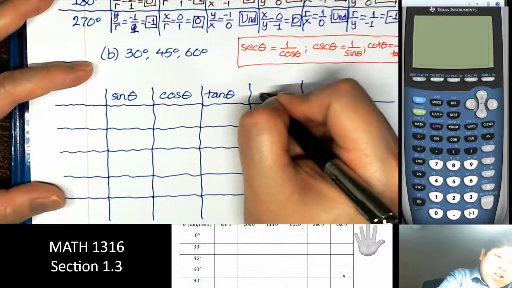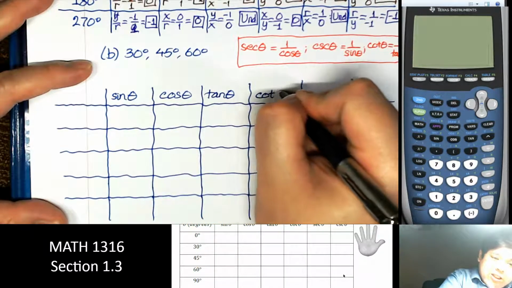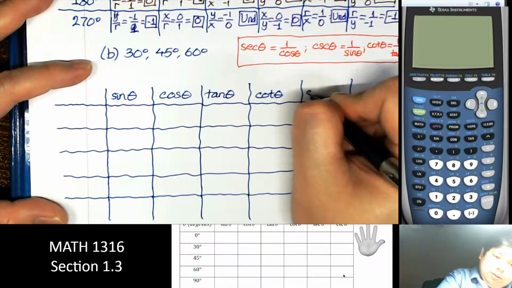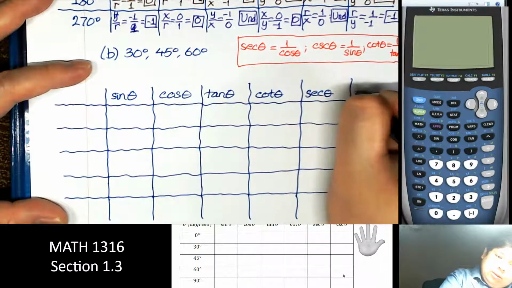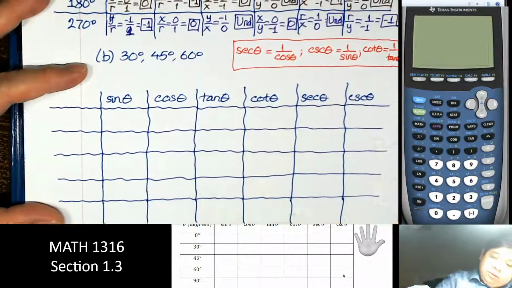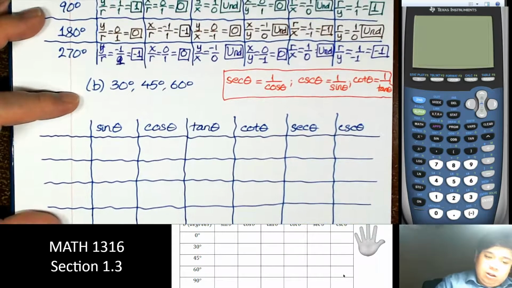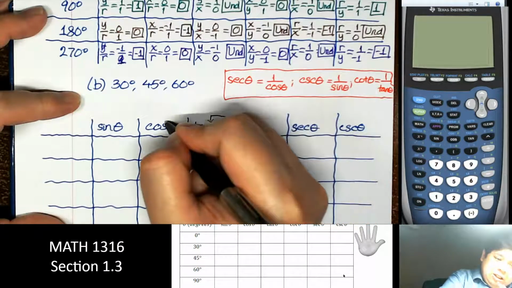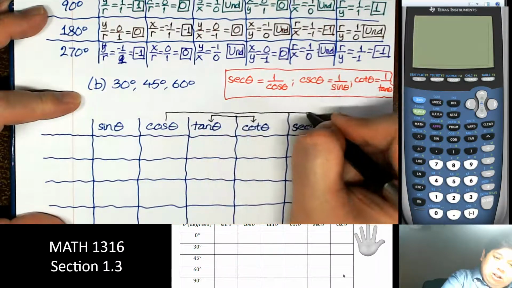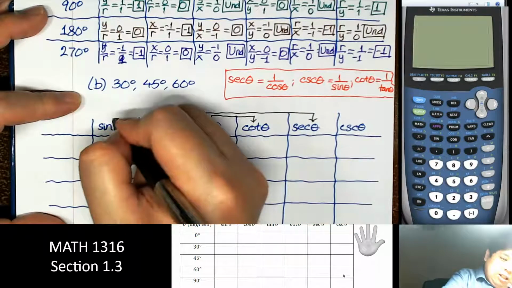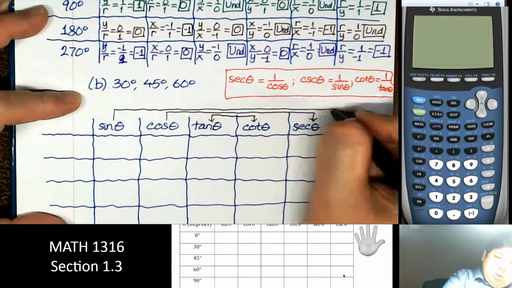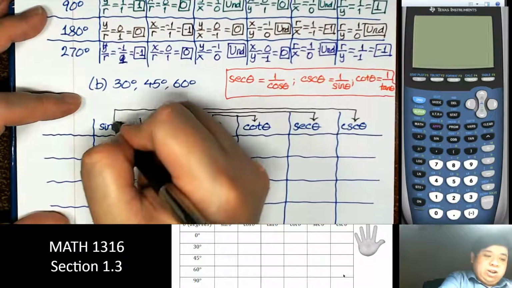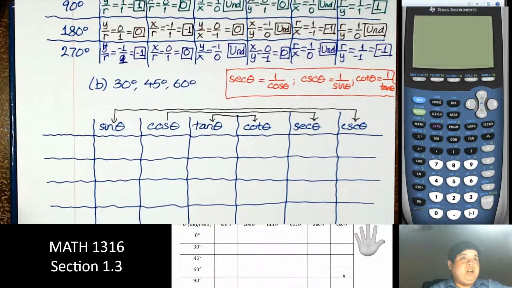The others are reciprocal. So these two are reciprocal of each other, these two are reciprocal of each other, and these two too. So once we have one, we just flip, we have the other.